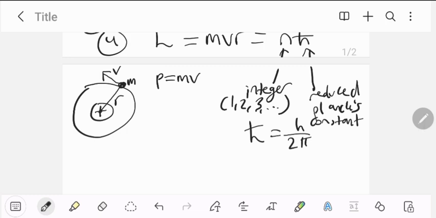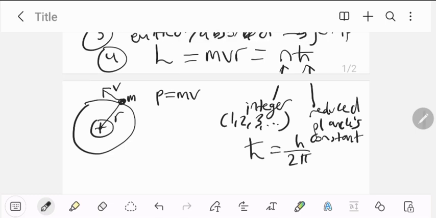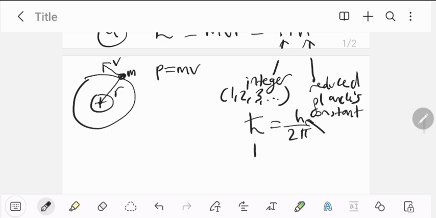Nicholson was using this to describe electrons in a hydrogen atom, and Bohr took his idea and applied it to his model. Just think of a circle: 2 pi r, the circumference. h is Planck's constant. It's a fundamental constant, the basic constant of quantum physics. It's 6.626 times 10 to the minus 34 joule seconds.